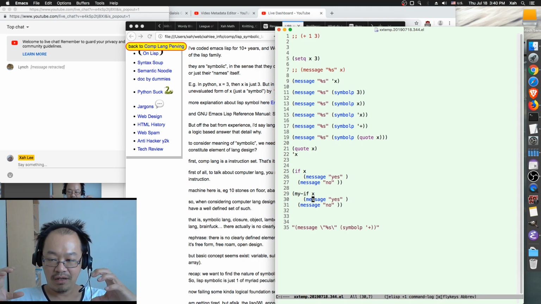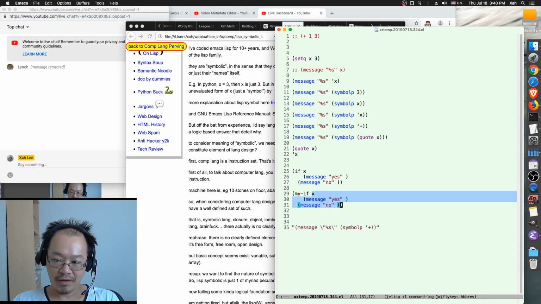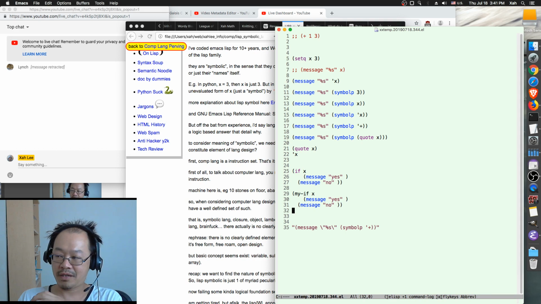They are held in their symbolic form, just like that. Then in the body of your function, you can tell Lisp how you want to transform these expressions.